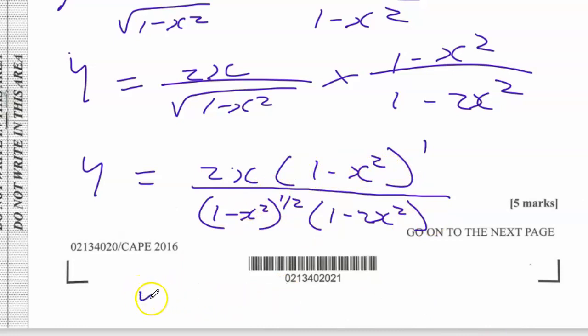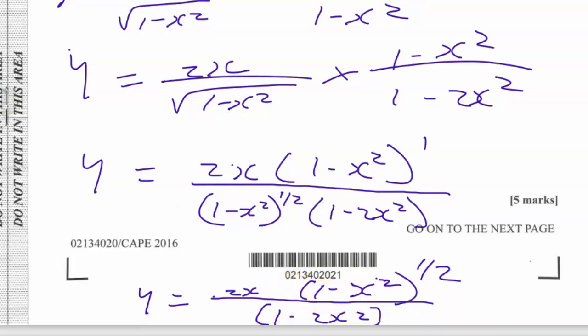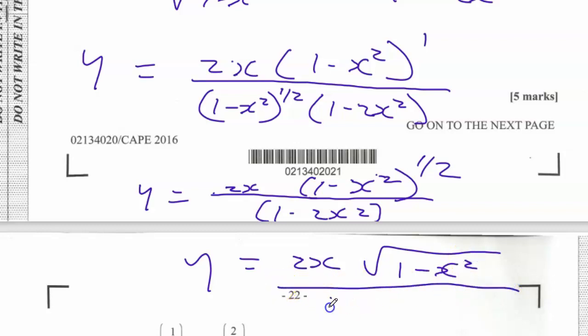We are left with 1 minus x squared to the power of a half, or root 1 minus x squared. I think that's the best we can do with it. We can rewrite it as y equal to 2x root 1 minus x squared over 1 minus 2x squared.